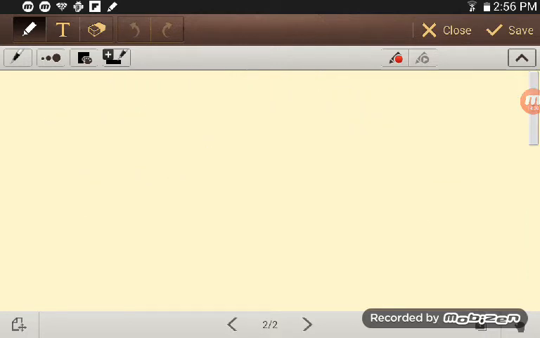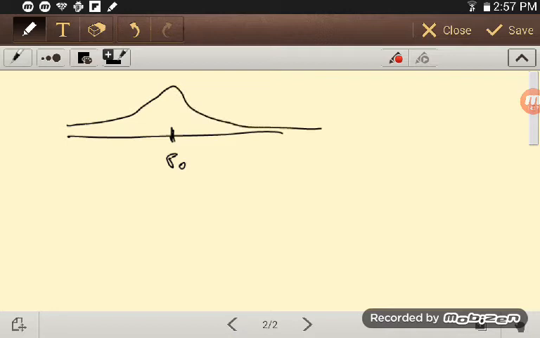Well, let's get a new page. And remember, the real mean is here somewhere, or the real proportion. So we'll say P0, the real proportion, is right there.